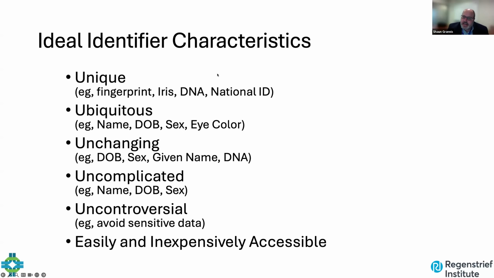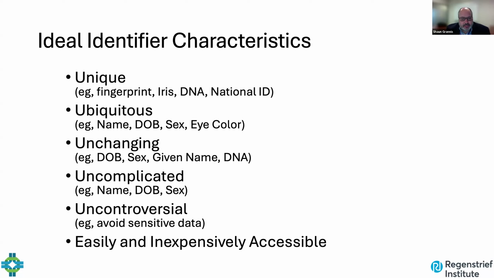But the identifiers that we use for matching, their ideal characteristics are, as you see on this slide, they're unique, they're ubiquitous, they're readily available, they're unchanging. And so we want the identifiers to be stable. They should be uncomplicated. So we certainly don't want to have a human type in a 32-character ID.